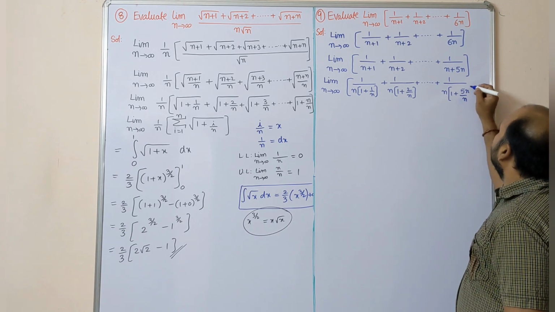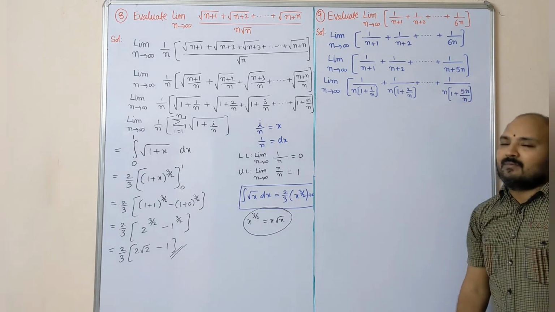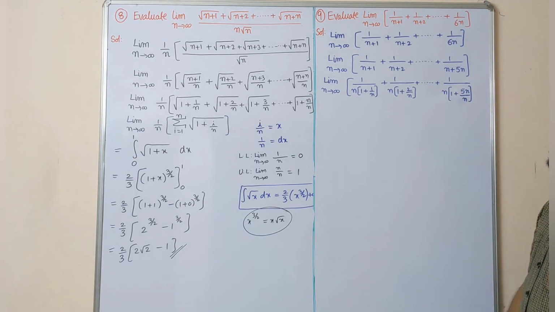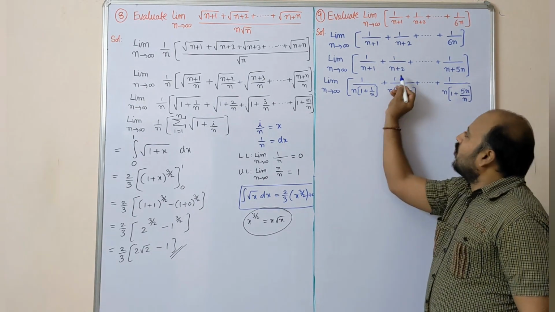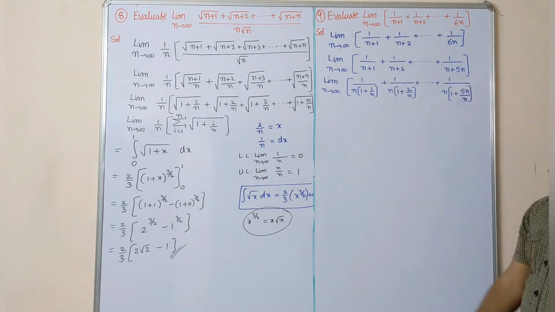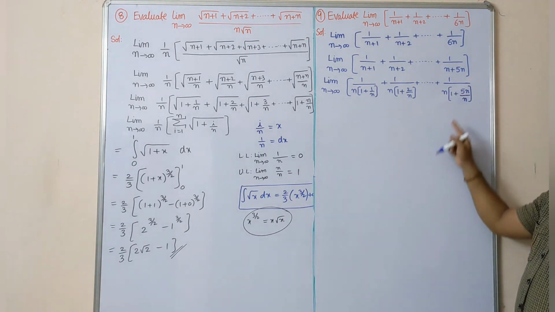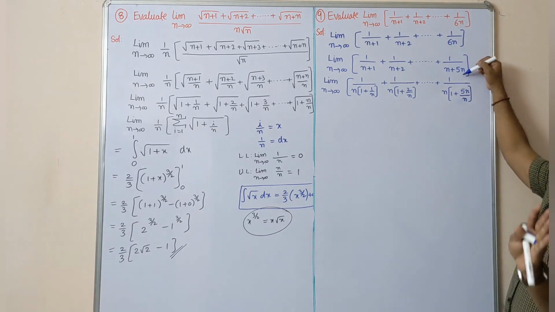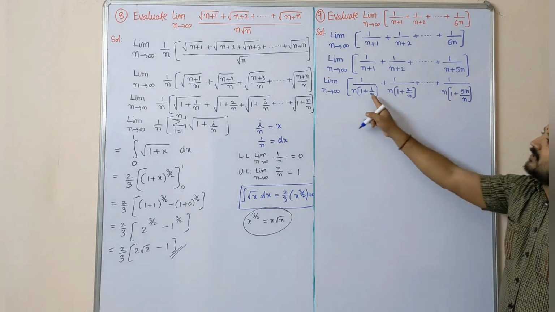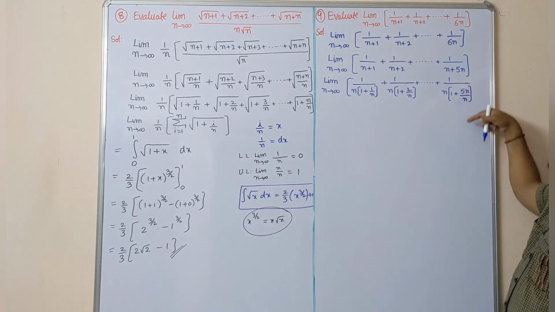For n by n also we can write it, so n gets cancelled, and 5n only will come. Everyone understand? Once again I will repeat: if we take out n common, generally 1 plus 5 only will come. But I want to get 1 by n, 2 by n and so on. Here the last term 5n is there, so 5 by n I want to get.